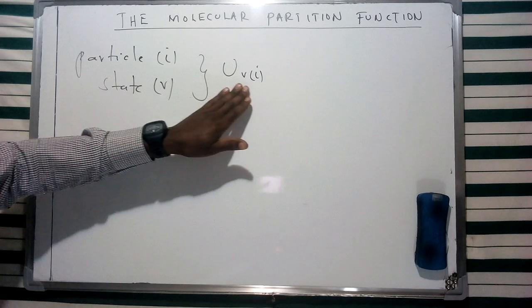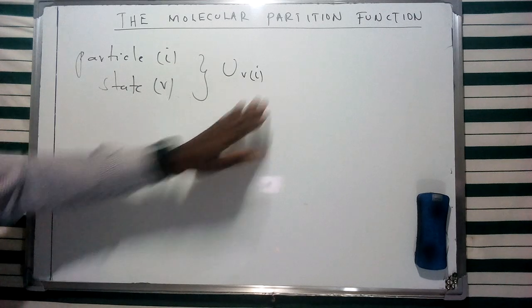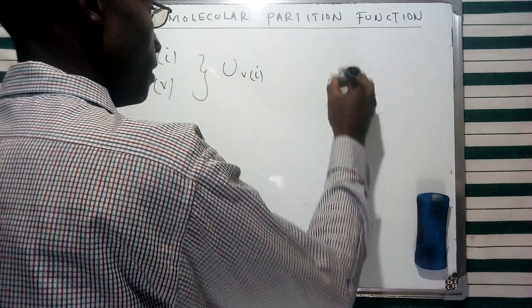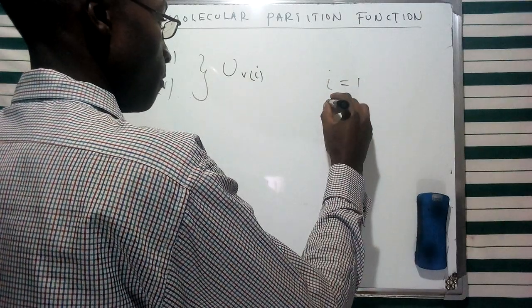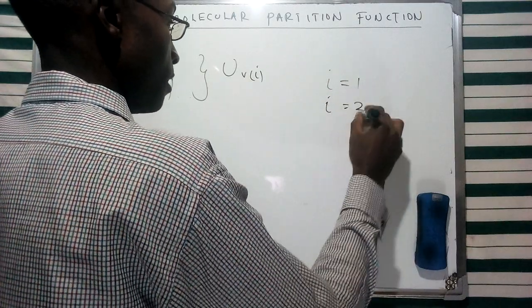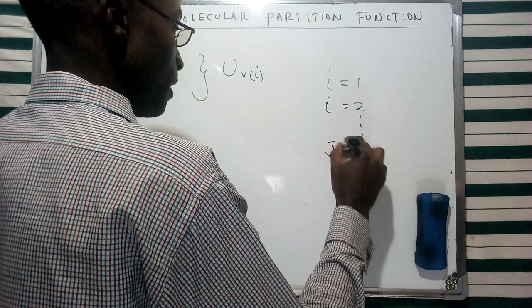So we are going to represent the various states of this specific atom, and perhaps we can give these states in terms of numbers for the first state, the second state, up to a state of n.